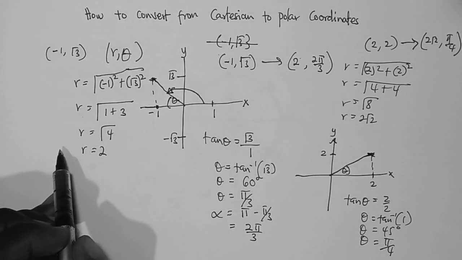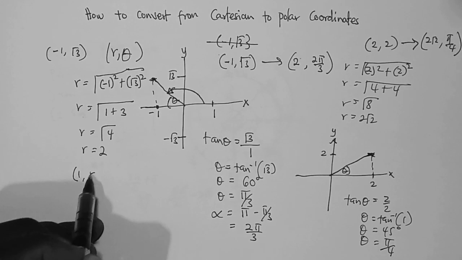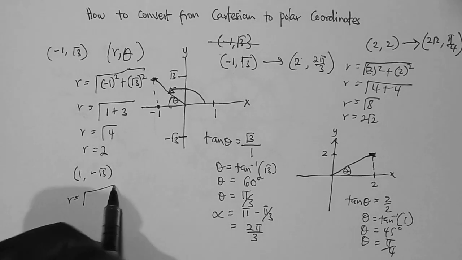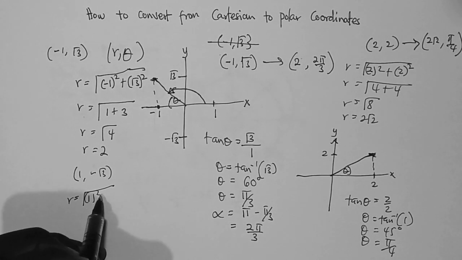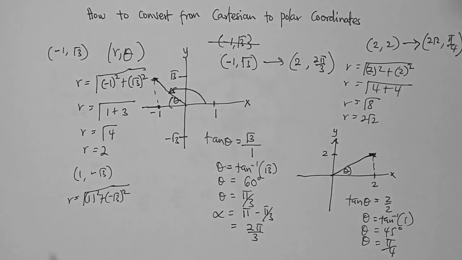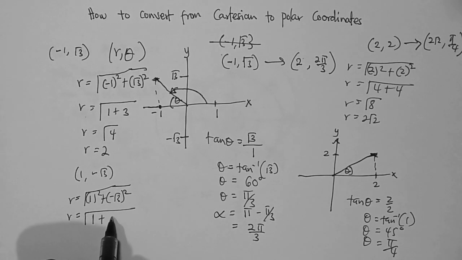Now, what if it was 1 and minus root 3? How do you convert 1 and minus root 3 to polar coordinates? So let's find r. r is equal to the square root of 1 squared plus minus root 3 squared. So r is equal to the square root of 1 plus minus root 3 squared, which is 3.